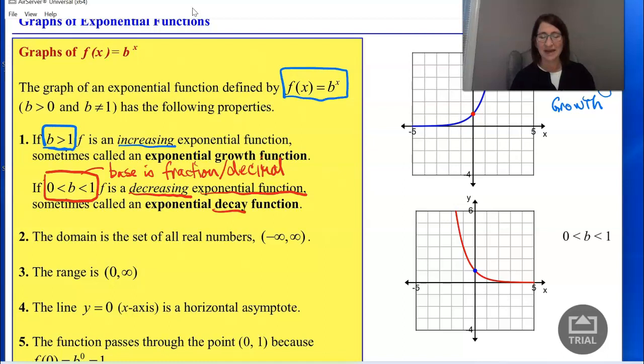That's what we have down here with our red graph. This one is decreasing, and so we call it a decay function.